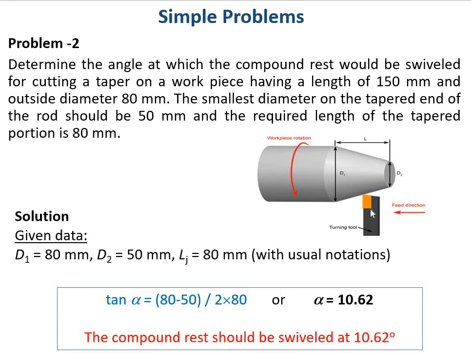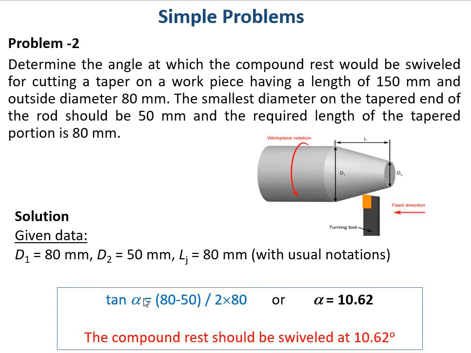The angle at which the compound rest has to be swiveled is denoted alpha, and the basic formula is tan alpha equals the maximum diameter of the workpiece minus the smallest diameter of the workpiece, divided by twice the cutting length.